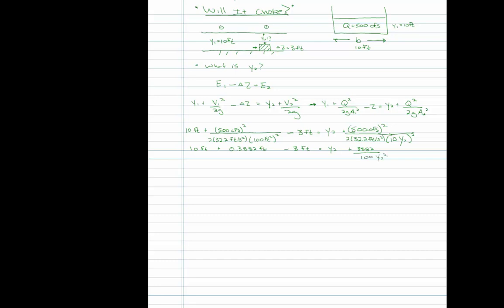Okay, we can combine terms together and get 7.3882 is equal to y2 plus 38.82 divided by y2 squared, which leads to the equation y2 cubed minus 7.3882 y2 squared plus 38.82 is equal to 0.